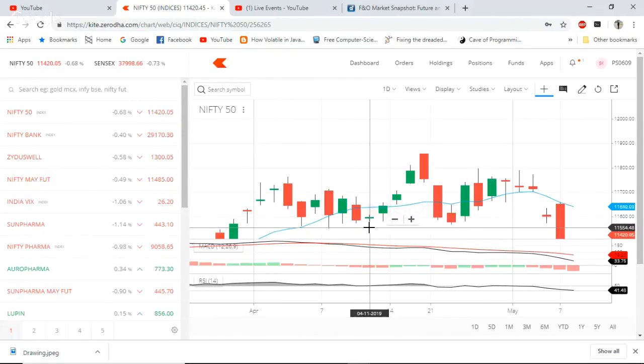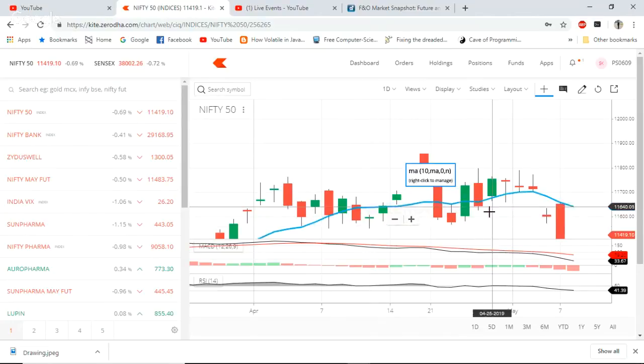But it did fall to a low of 11,555, and the high is slightly above. So the open, close, and high are almost all the same, but it hit a low.